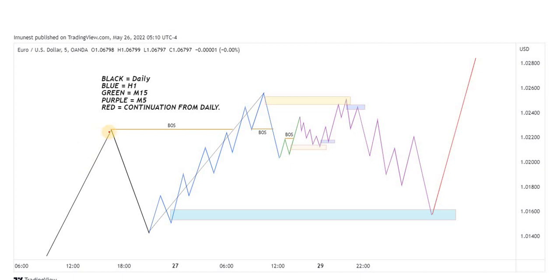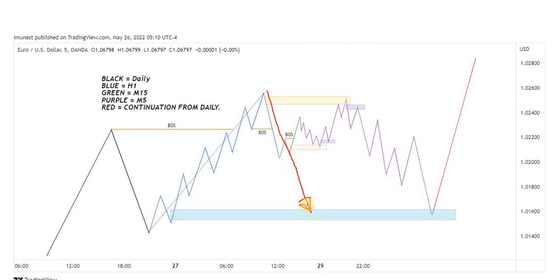So you can see that we have a bullish break of structure here. With this bullish break of structure, what are we expecting? We are expecting a return to origin. That's what we are expecting.